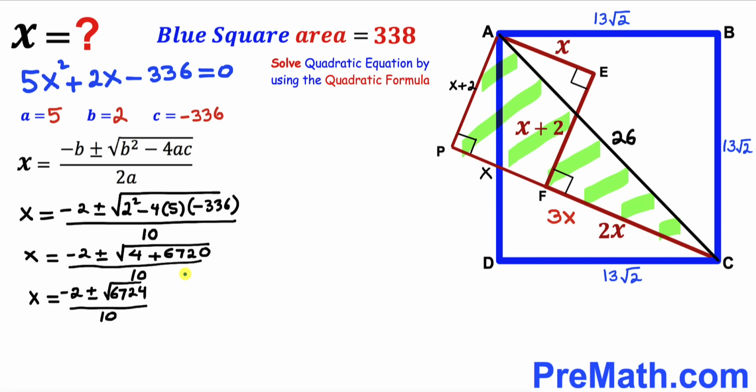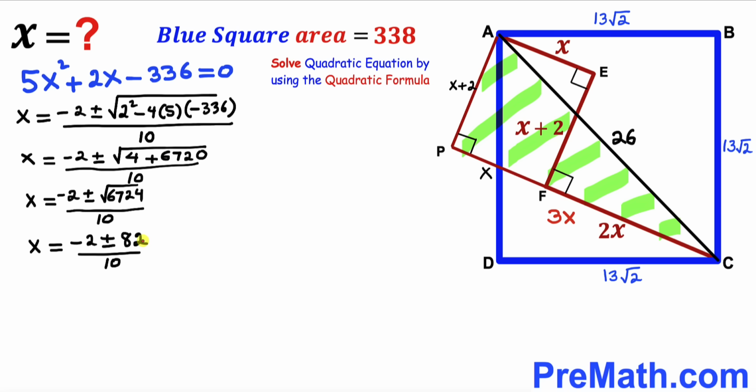So after simplifying everything, we end up with x equals negative 2 plus or minus the square root of 6724 all over 10. And now we know the square root of 6724 equals 82, as you can see in this next step.